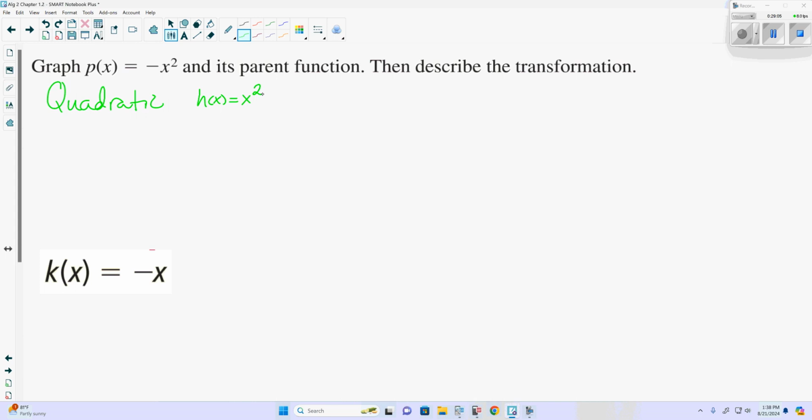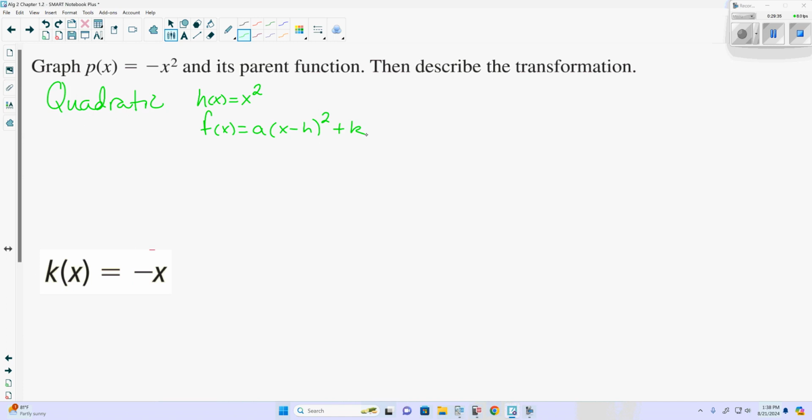We can do this graphically, we can do this algebraically, because our general form is f of x equals a times x minus h squared plus k. There is no h and k for our p of x. So there is no movement left or right, there's no movement up or down. But the value of a is negative, yes?